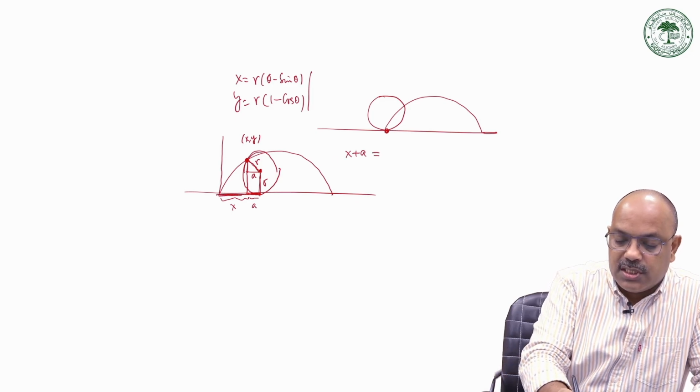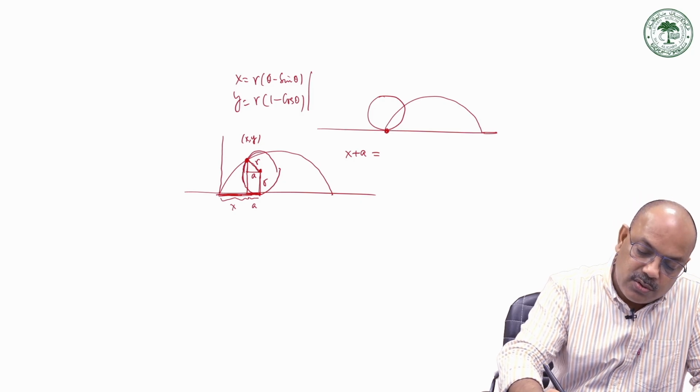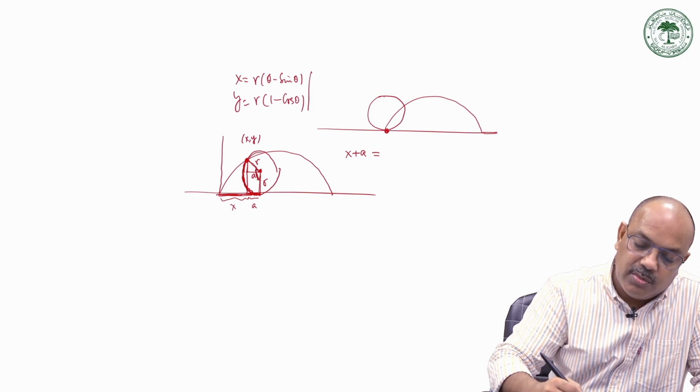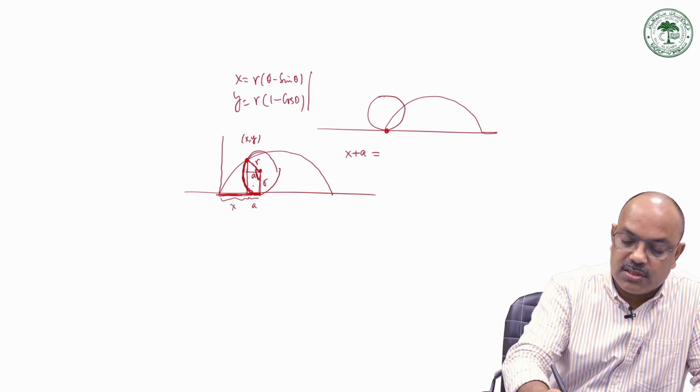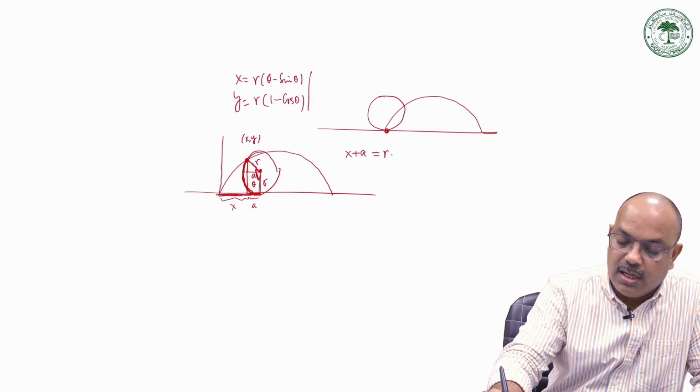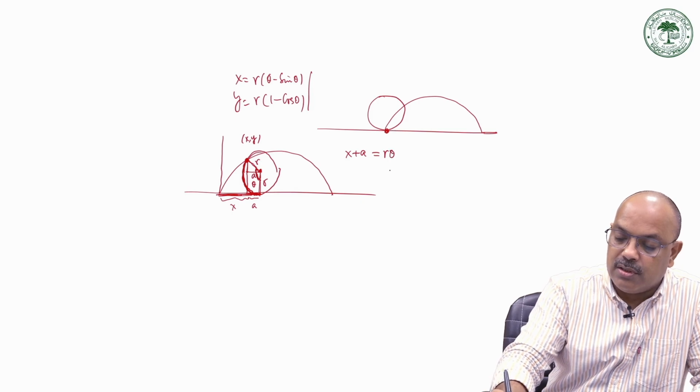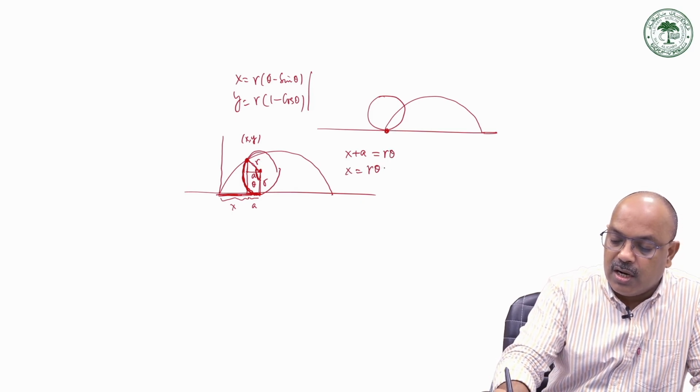This x plus a is nothing but this arc, and this arc is the radius times the angle theta. So if this is my theta, this is going to be r times theta. So now you can write x is equal to r theta minus a.